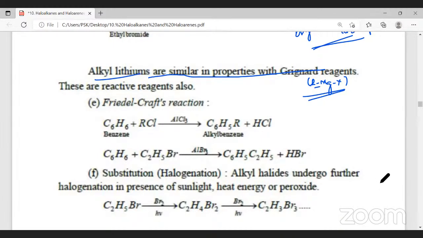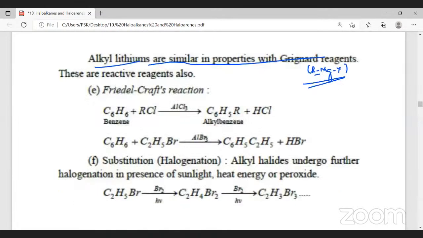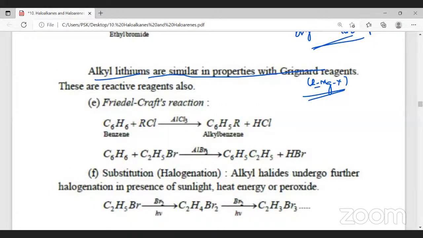Now, coming to Friedel-Crafts reaction. Friedel-Crafts reaction is the reaction between benzene and alkyl halides. If you take a benzene molecule like this, tell me which is ortho and para position here. I'm numbering the carbon atoms as 1, 2, 3, 4, 5, and 6. The first is ortho, fourth is para.